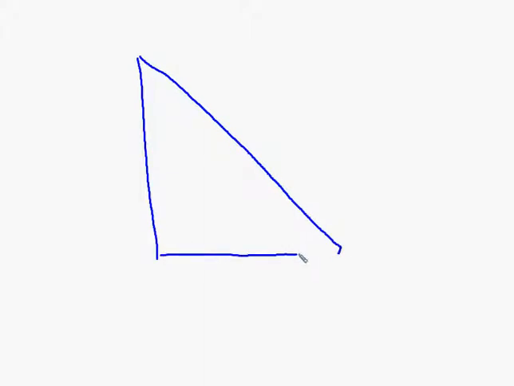Let's try another. Let's say I have this triangle. And I'm going to give you segment AB is a mid-segment. So I tell you it's a mid-segment, so that means I'm not going to actually mark anything.